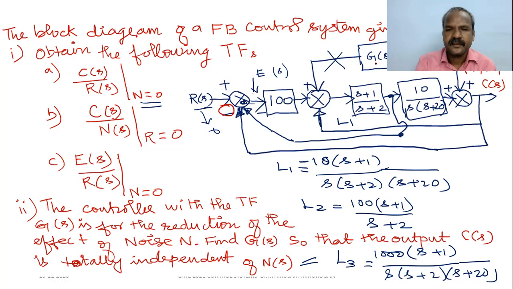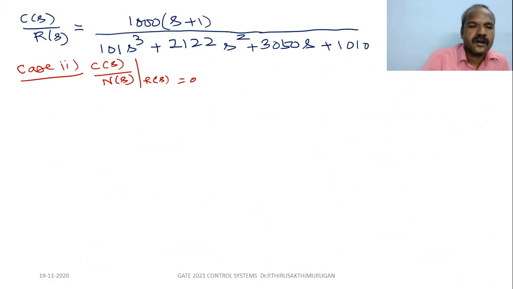This is G of S into this, equal to this. This is P. So P2 is this forward path. According to this, there are two forward paths. So what are they?